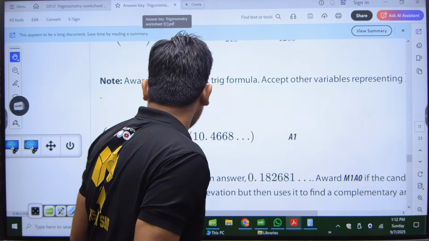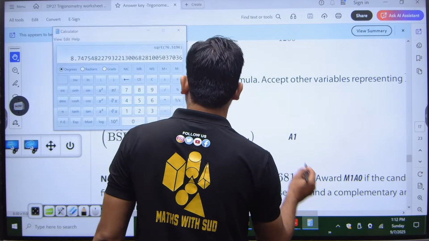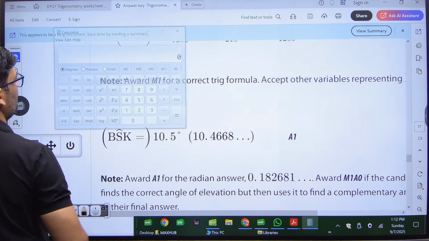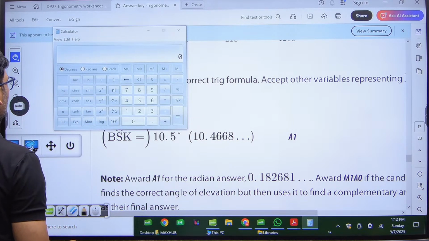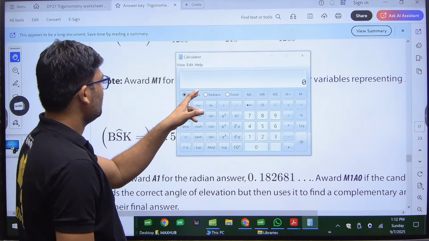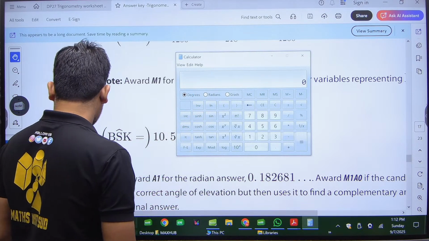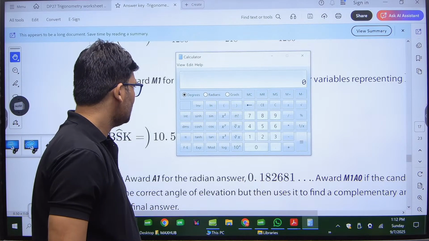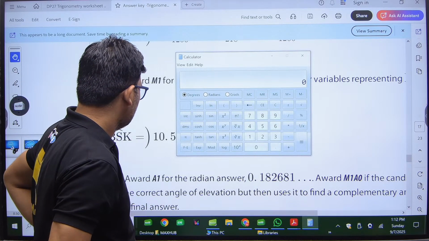Is this the same calculator that I'm using? Sir, it should be. Oh, wait. This is the Windows default calculator. It's not that calculator, sir. I use the Google calculator. Okay, let me try that.